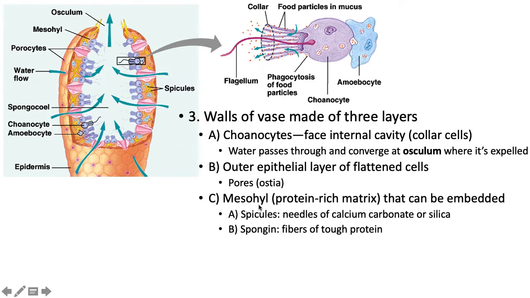I don't even know if I should call them cells, but spicules and spongins. Spicules are made up of calcium carbonate or silica. Remember, there are 2 different clades within sponges, those that produce calcium carbonate and those that produce silica. And then we have spongin that fills in between, made of tough protein.